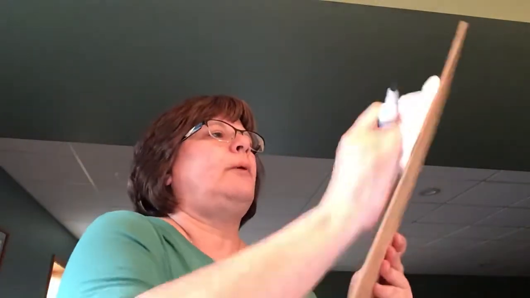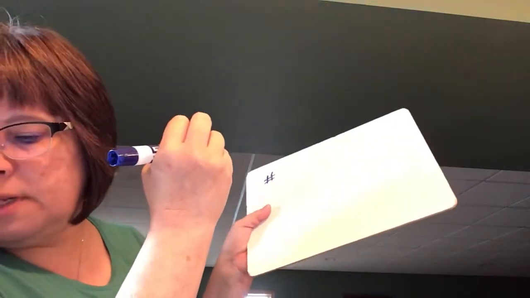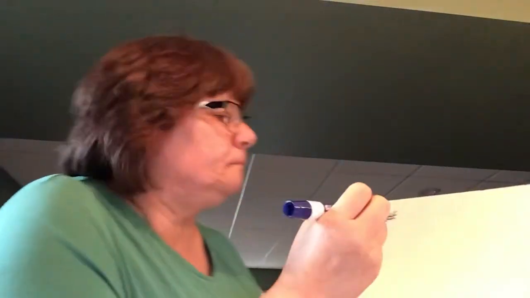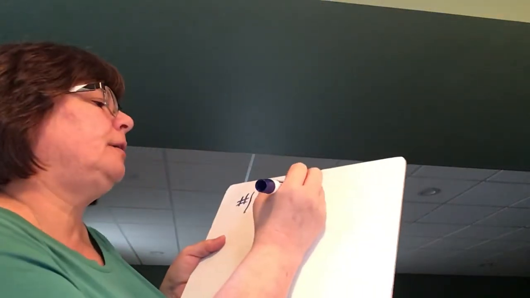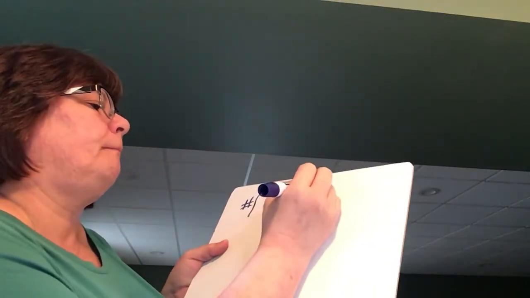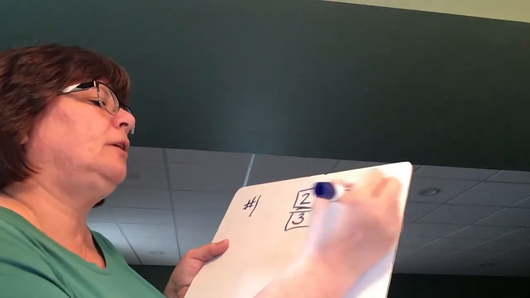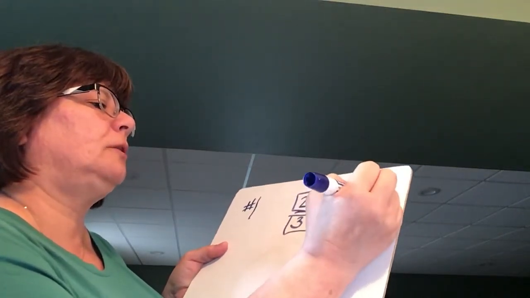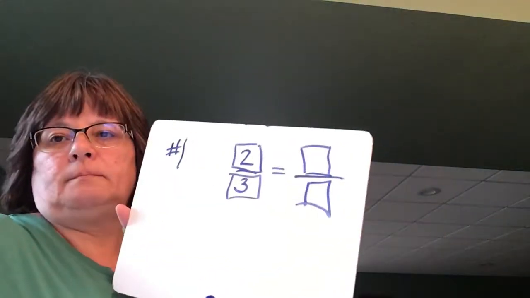So for the problems you're doing, you're going to do number 1 on page 244. And when it gets to the boxes, you're going to put in 2/3 for me, because I gave you that one to put in, equals, and then you have to pick the other fraction that you're going to justify. So that's number 1.